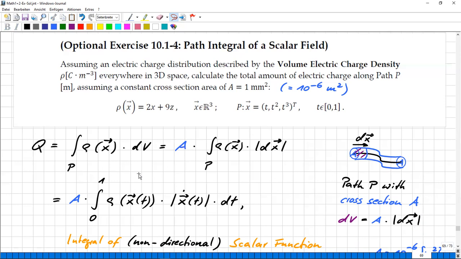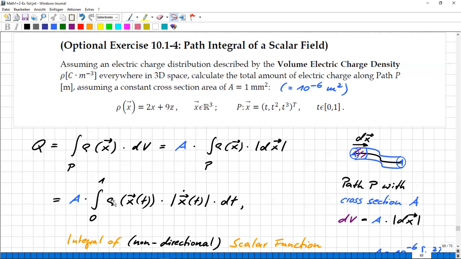So let's just take this A as a prefactor and then integrate and now perform or transform this integral as usual to a form that contains t only as a variable. So we integrate from 0 to 1, that's clear, this is our interval for t.